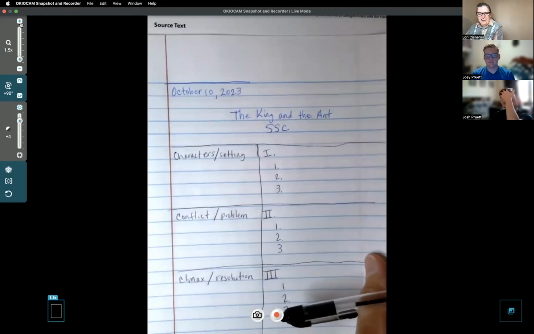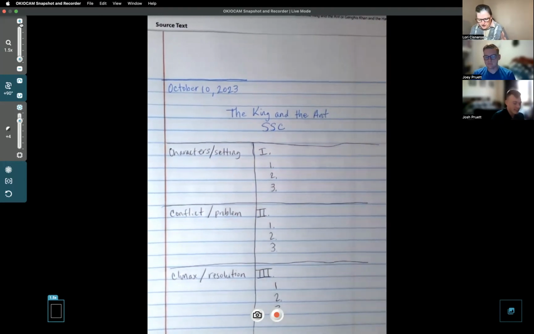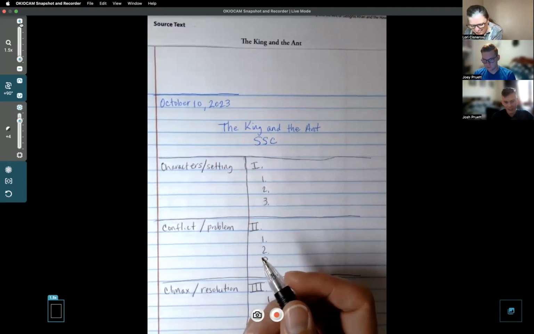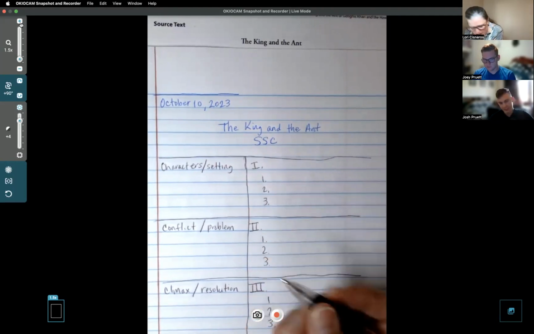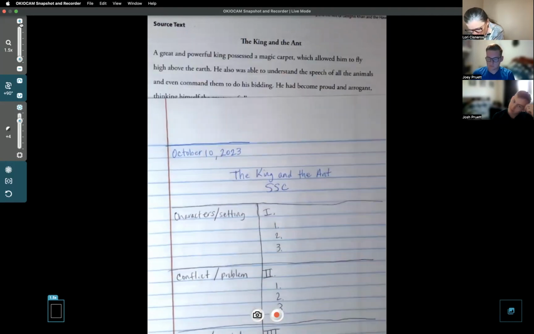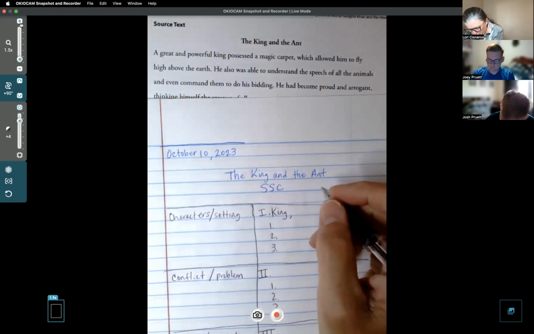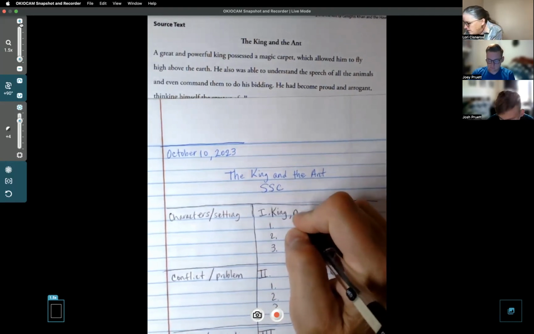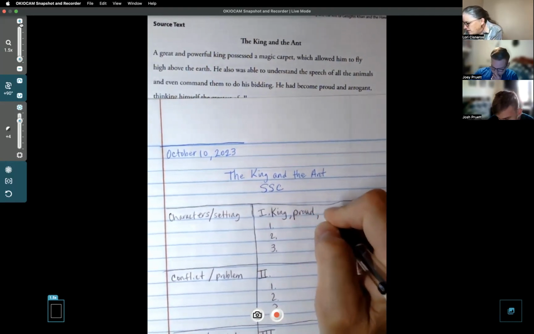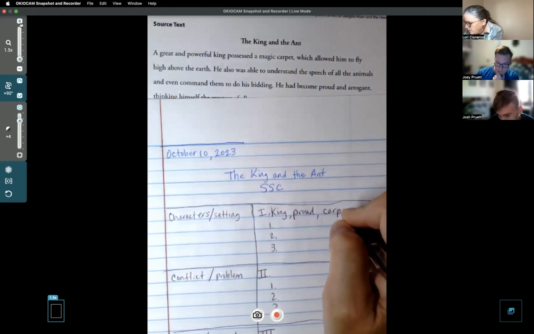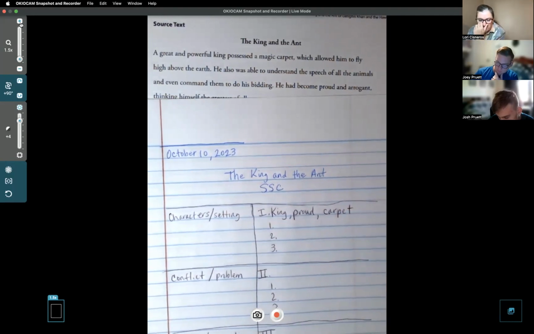Back to this. Well, it was short, so there you got that. Now we've got characters. Obviously the king is the main character in the beginning there, and we can describe him as being proud, and he's riding his magic carpet, right? Carpet, we can assume it's magic. What is he thinking about himself?